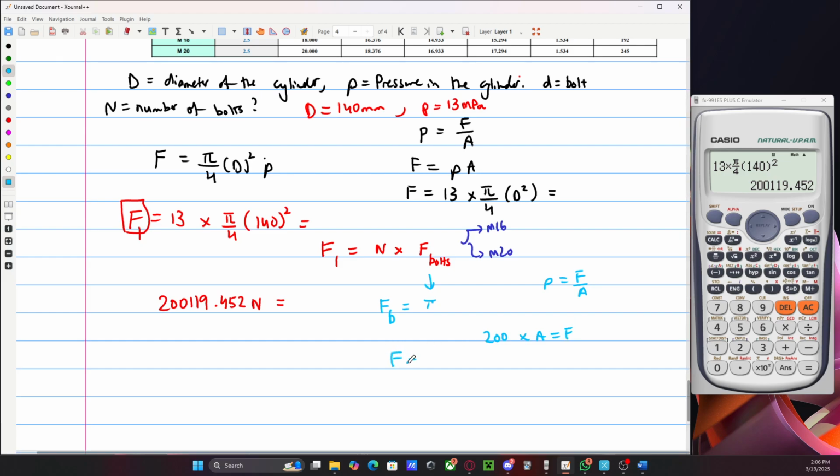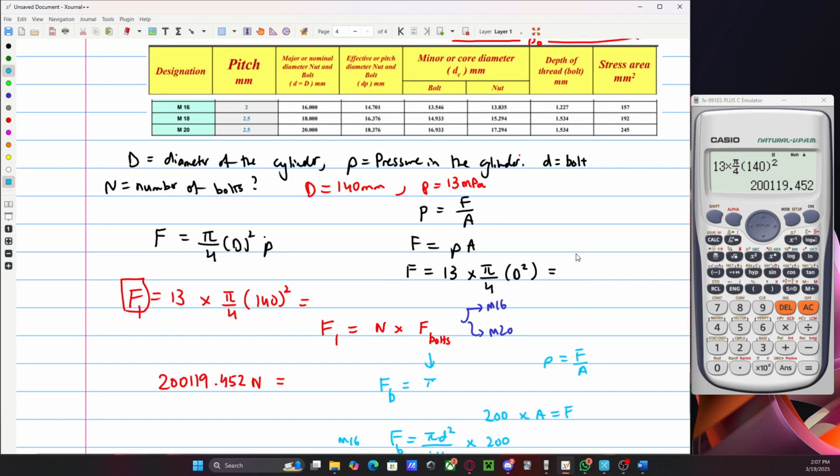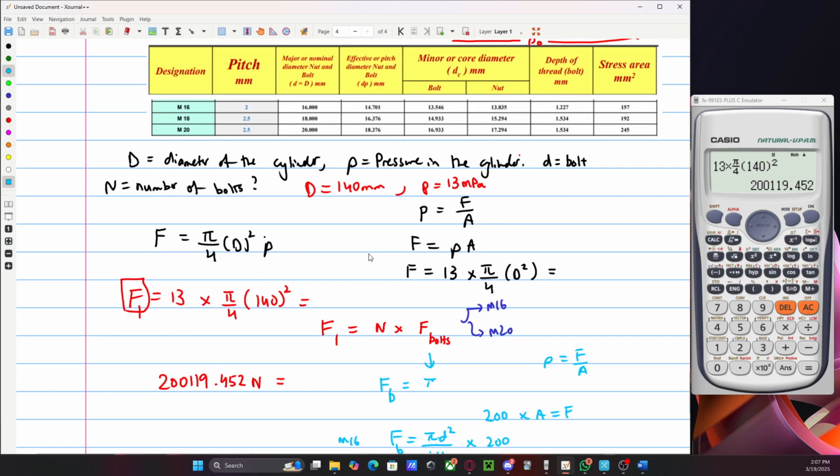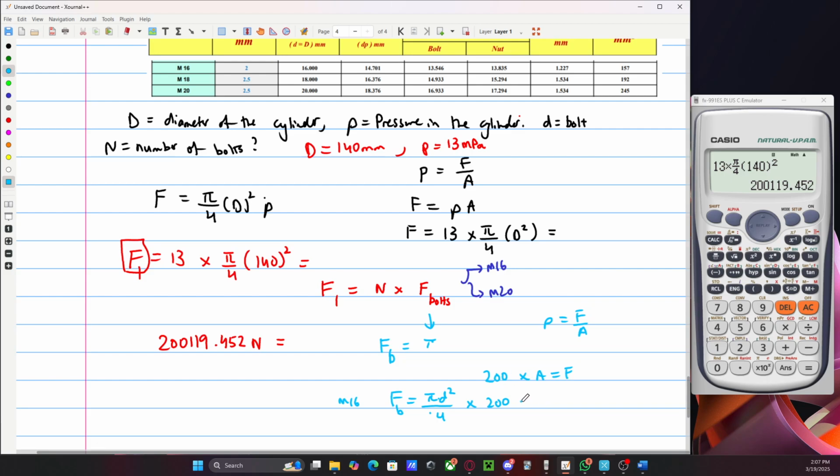Now this FB for M16 will be pi d squared over 4 times 200. Now small d represents the bolt diameter, which is given to us, 16 millimeter or 20 millimeter. Okay. So this will be equal to pi times 16 squared over 4 times 200.